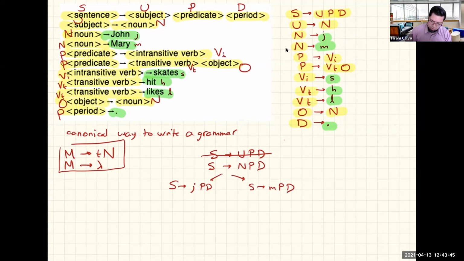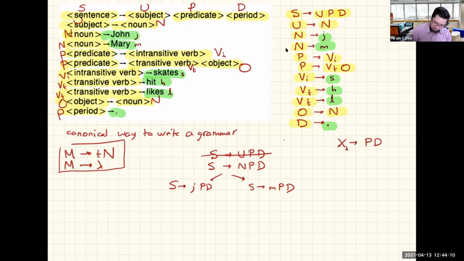Now what we need to do is, whenever we have two non-terminal symbols grouped together, such as PD, we create a new non-terminal symbol that can be named X1, which will be PD.